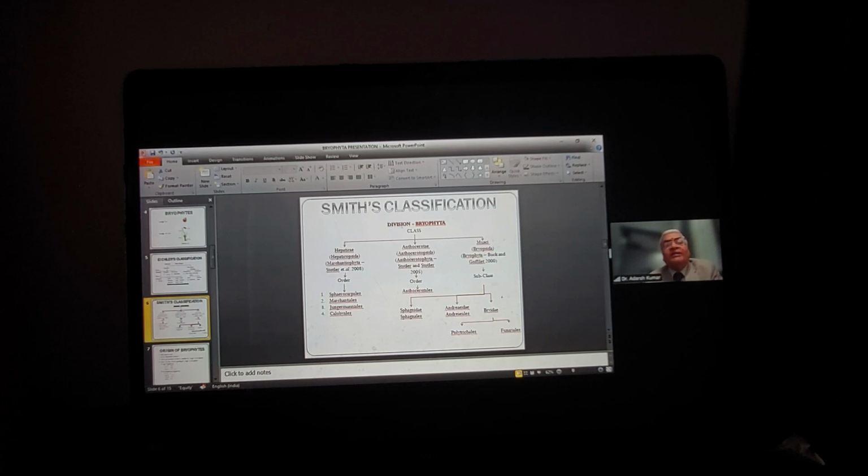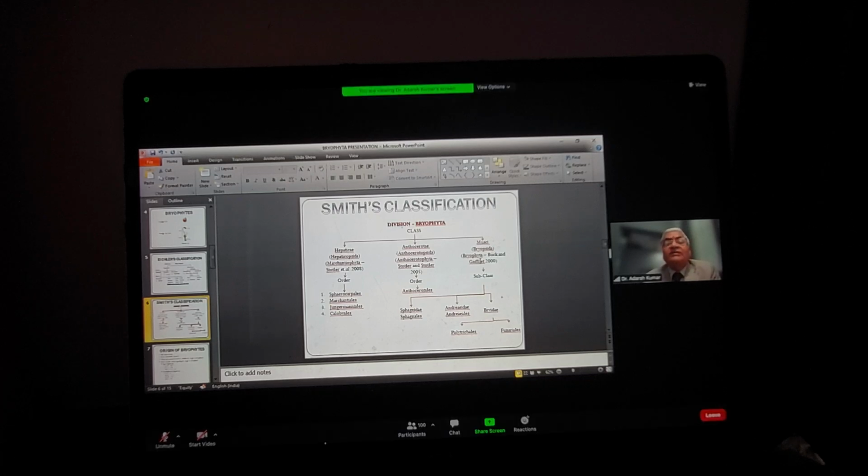Similarly, the class Anthocerotopsida has been placed in another separate division called the Anthocerotophyta. This is by Stotler and Stotler 2005. And on the other hand, Musci or Bryopsida is known as the Bryophyta. It includes all the mosses. This division has been proposed by Buck and Goffinet in 2000.